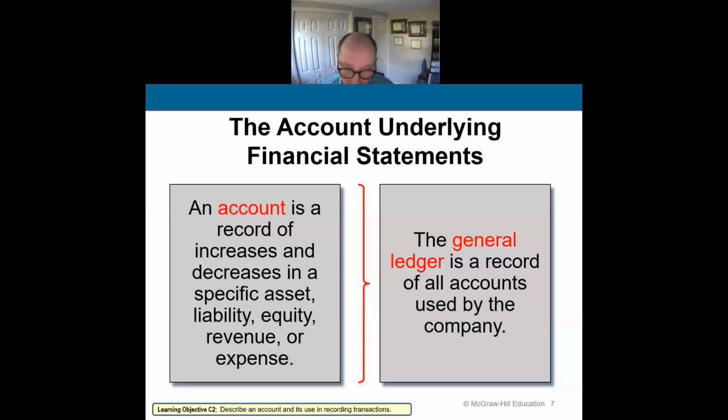We have assets. Assets, as you know, are cash, accounts receivable, property, plant, equipment, anything the business owns. Cash is its own account. Accounts receivable is its own account. Property, its own account. You see where I'm going with this, right? Those are all accounts.